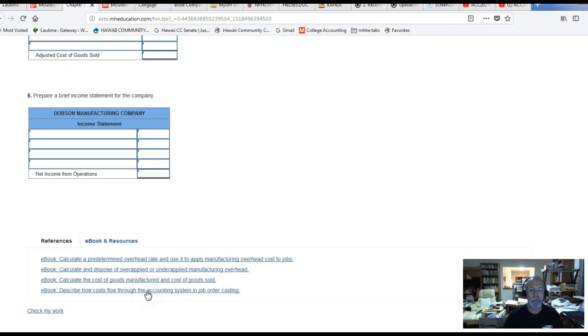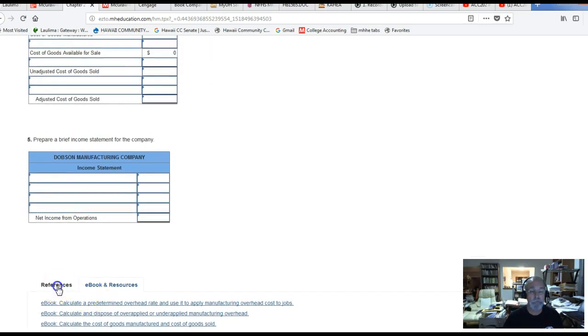And you might find this helpful because it basically gives the student an idea of what section in the textbook chapter that problem or part of the problem is covering, and it usually gives you an idea of where you can go in the text to get some guidance in completing the problem.